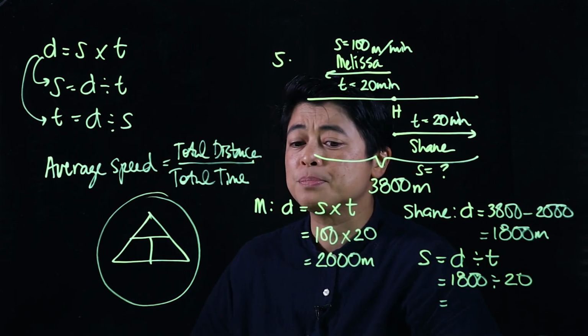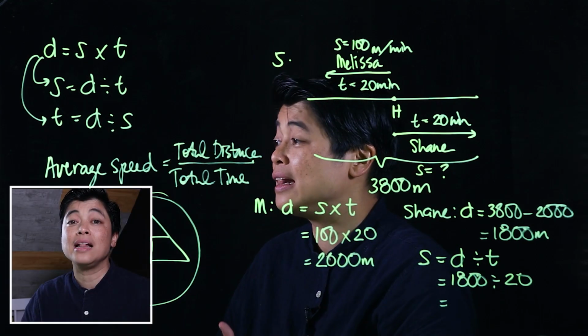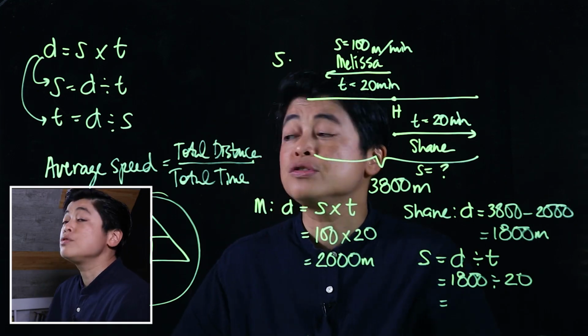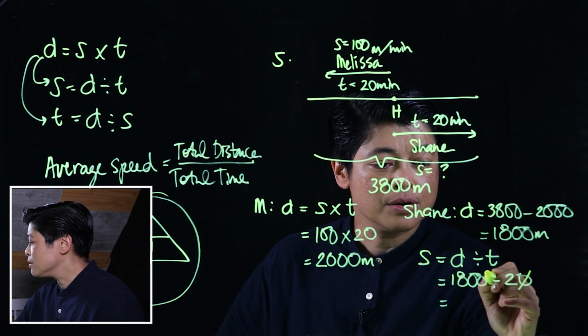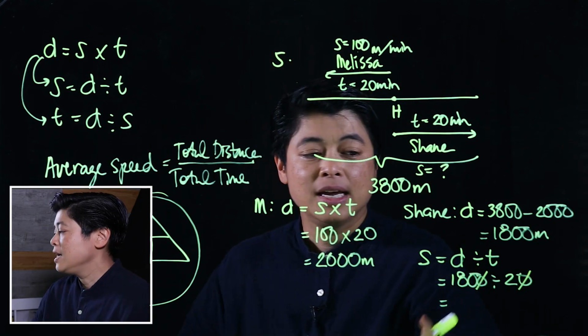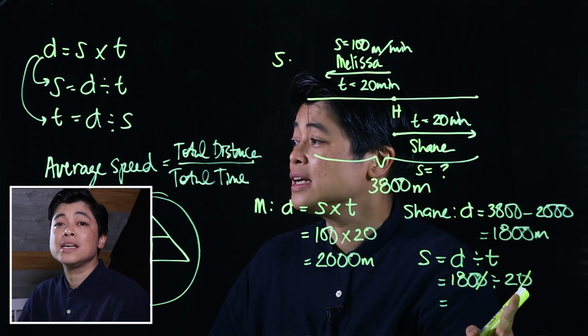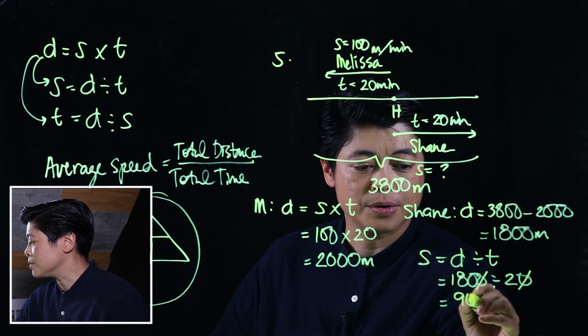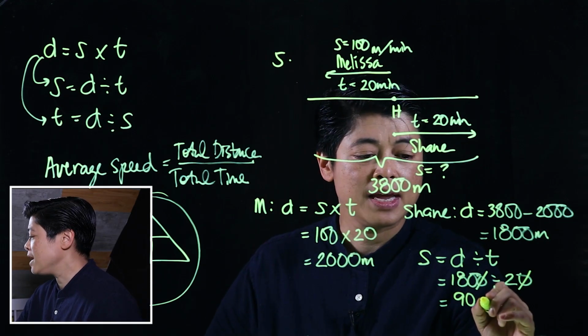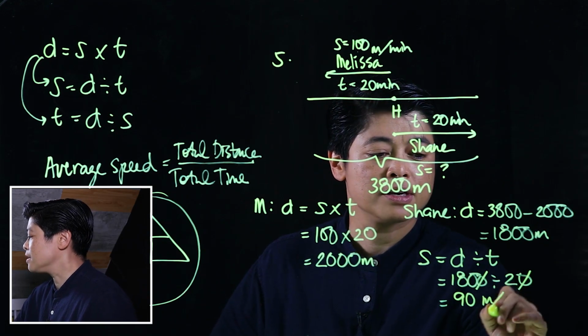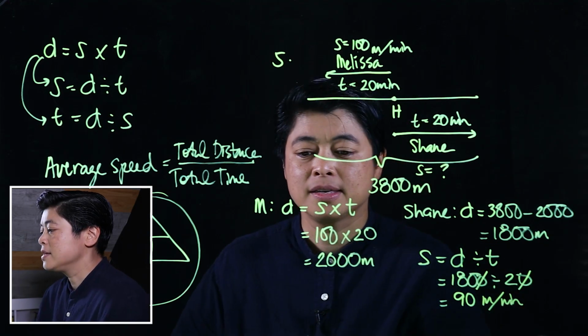Again, this problem does not have a calculator, so we need to use strategies that we've learned in the past. The zeros can be cancelled, and 18 divided by 2 is 9 with 1 zero. So the speed of Shane must be 90 meters per minute.